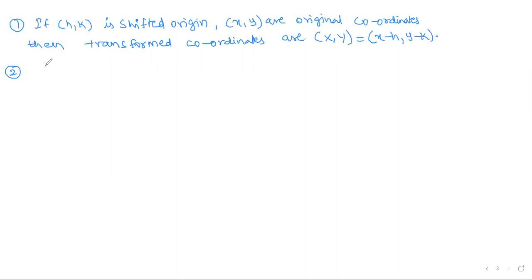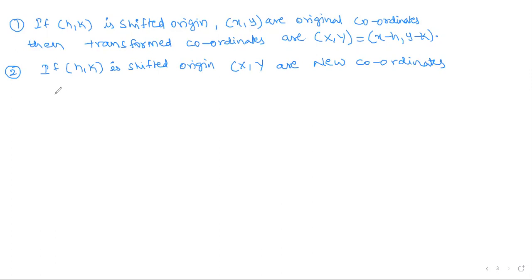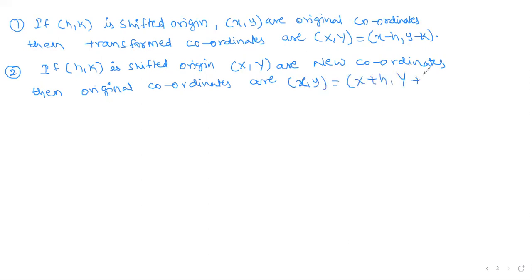Second point: if (h, k) is the shifted origin and capital X, capital Y are the new, transformed coordinates, then the original coordinates small x, small y equal capital X plus h, capital Y plus k.